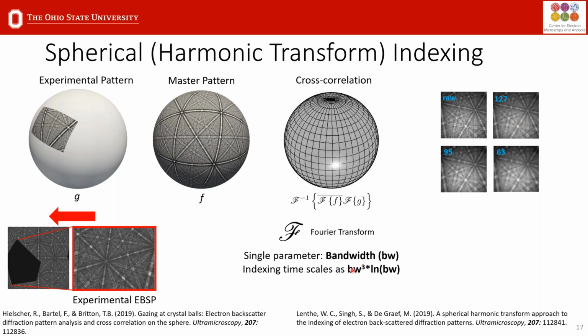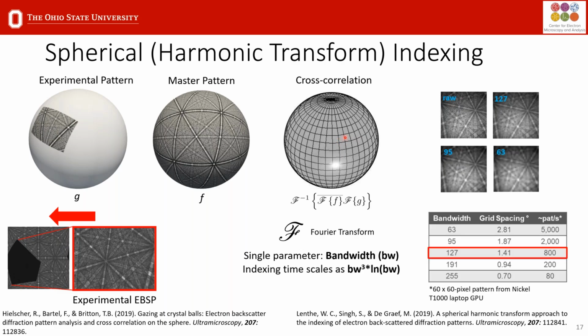But that really increases the indexing time. So although it's not as time intensive as dictionary indexing because you're only comparing it against one pattern, it is quite sensitive to this discretization.